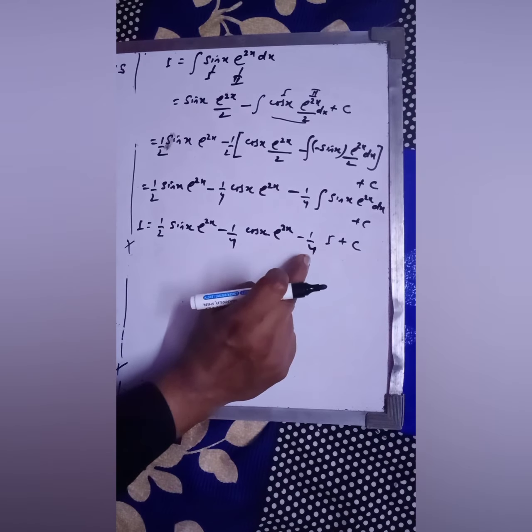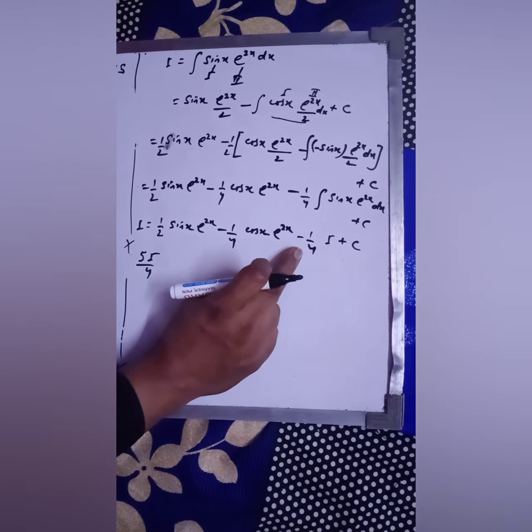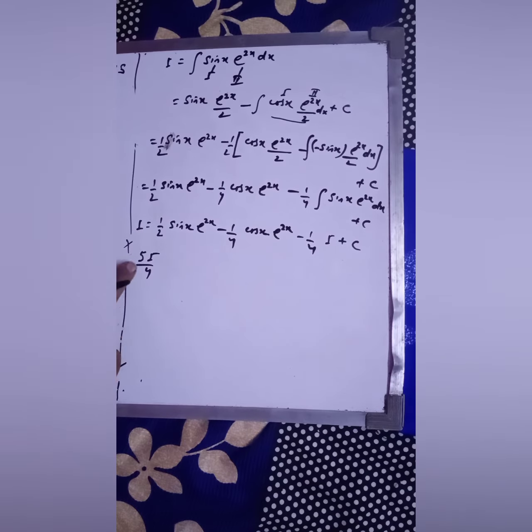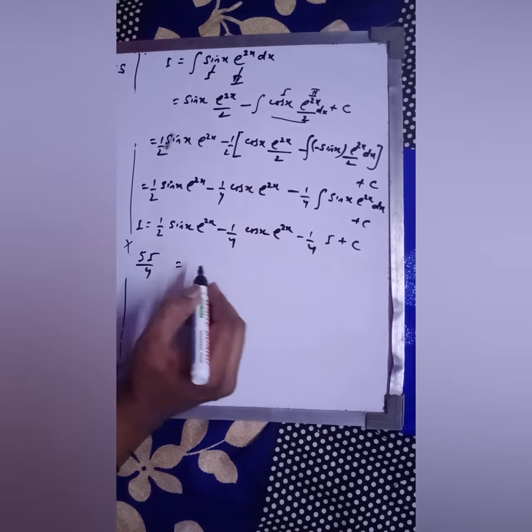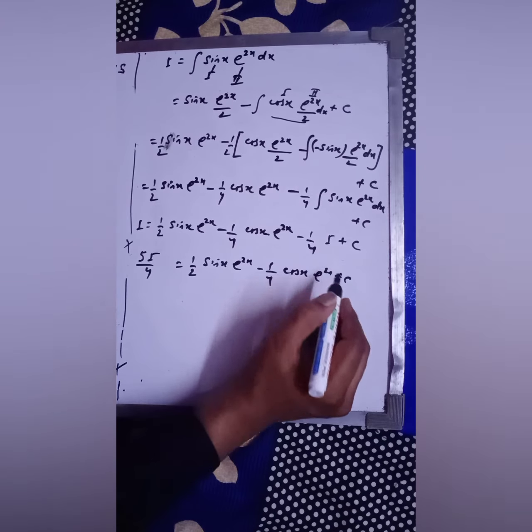Now you have to bring this on this side, you will get 5 I by 4. When you shift this I by 4 here, I plus I by 4 would be 5 I by 4. That is equal to 1 by 2 sin x e raised to power 2x minus 1 by 4 cos x e raised to power 2x plus c.